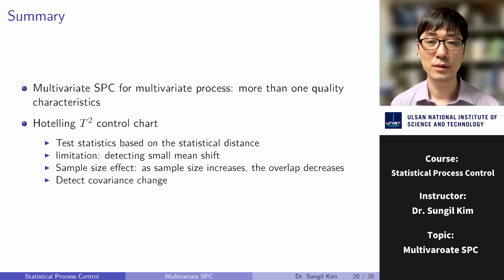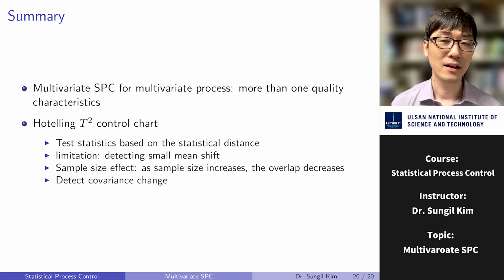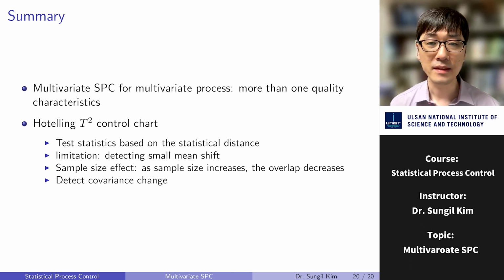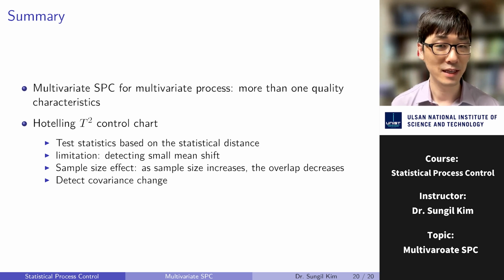However, similar to the Shewhart control chart, it has a limitation in detecting small mean shifts. To increase the detecting power, we can consider increasing the sample size. Unlike the Shewhart control chart, the T-square chart is able to detect covariance change as well.